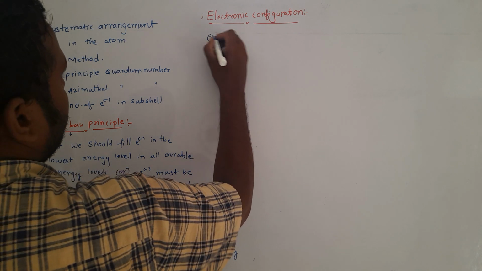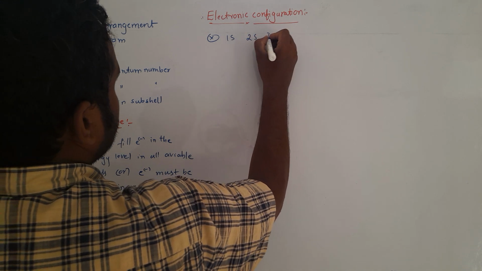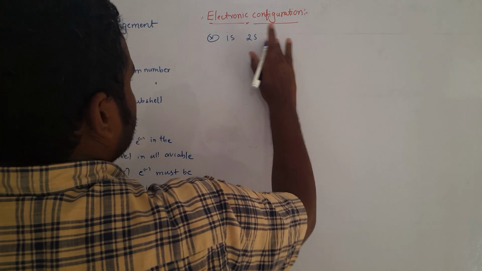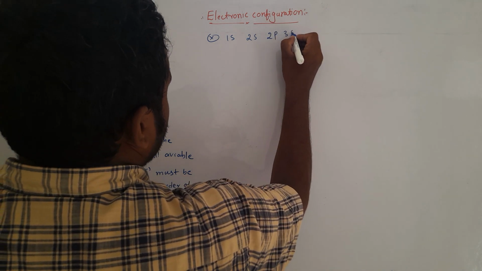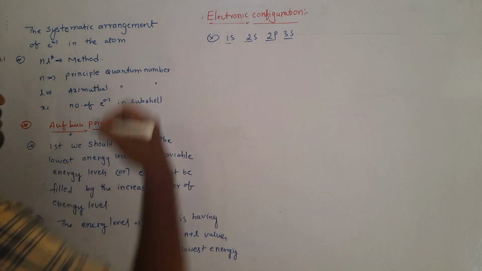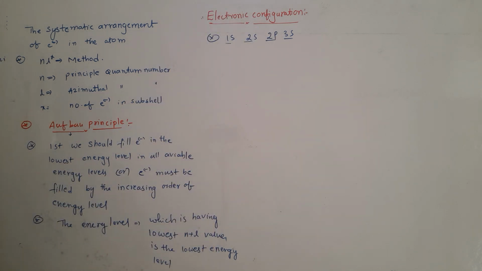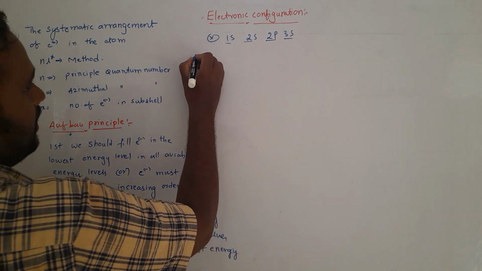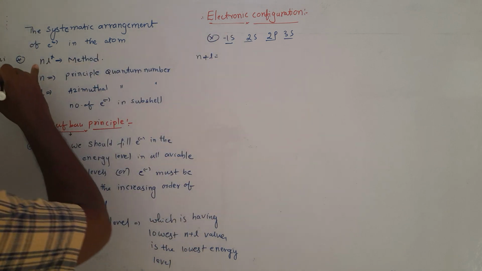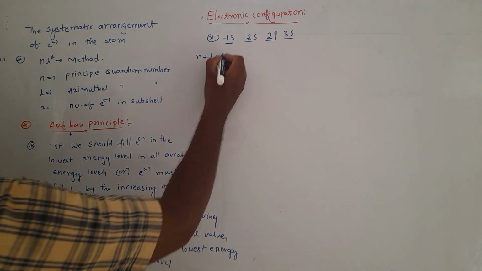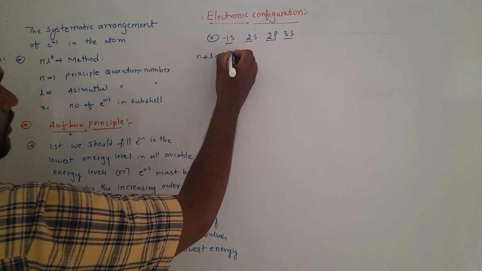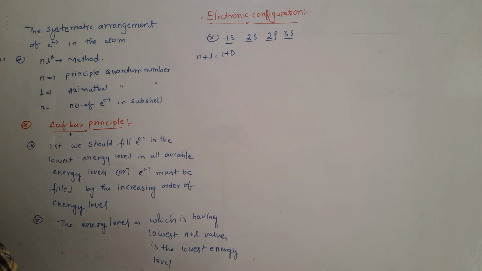For example, 1s, 2s, 2p, 3s, like that these are available. Among these, which is having the lowest energy level? How can we say? We will see the n plus L value. Here n is the principal quantum number we already know in NLX method, that is 1, plus s is the subshell quantum number; here for s, the L value is 0.